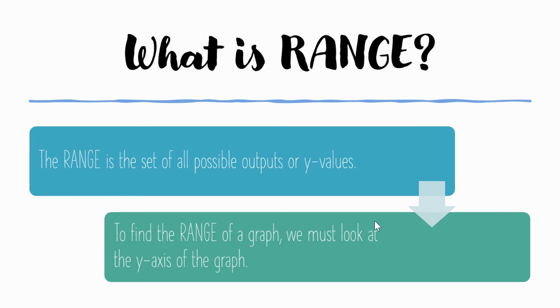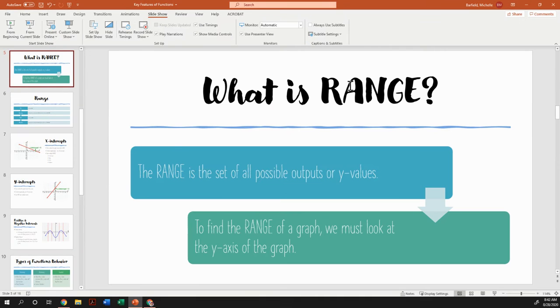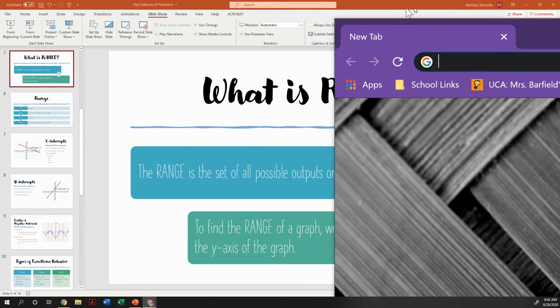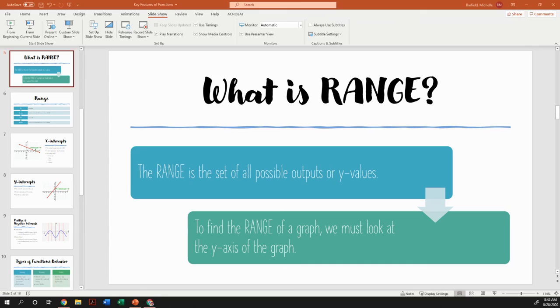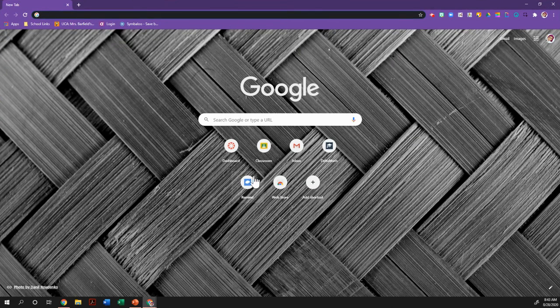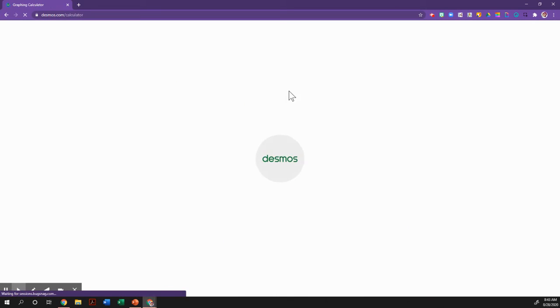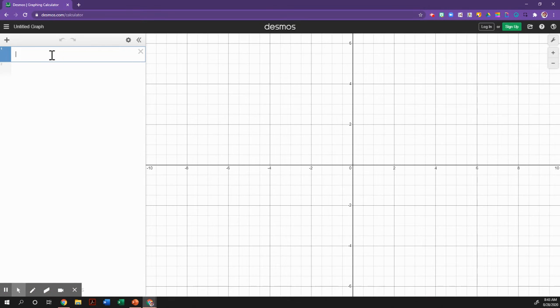If I switch over here and bring up Desmos, and let's say I type in, and I like using circles, x squared plus y squared equals 9.